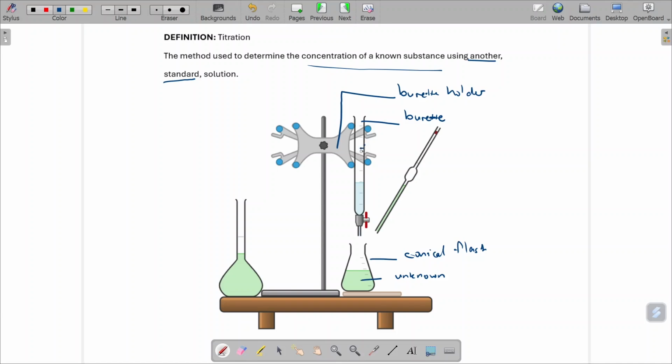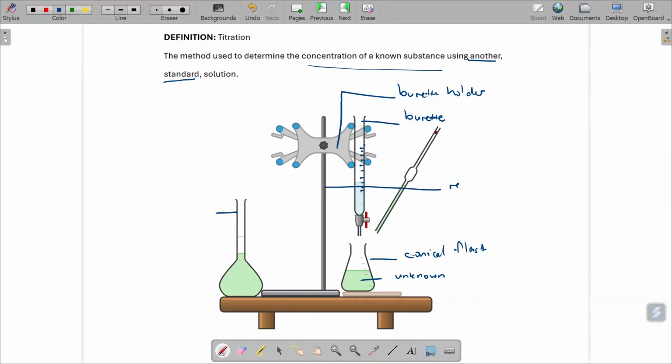The burette itself is marked off very accurately so that an accurate measurement of the amount of standard solution added to the unknown solution can be made. And this is what we measure. We measure the volume of the solution that we add. And knowing the concentration of the solution, we can calculate the number of moles that are in the standard solution.